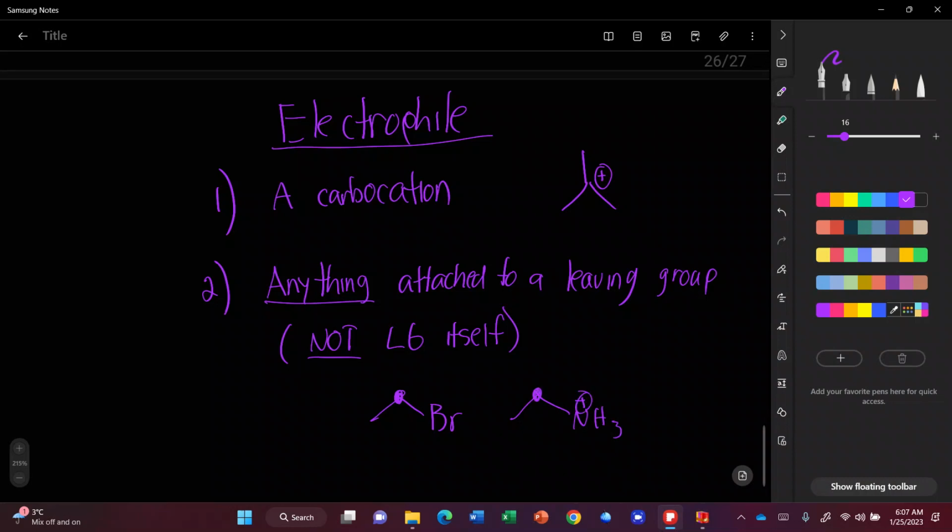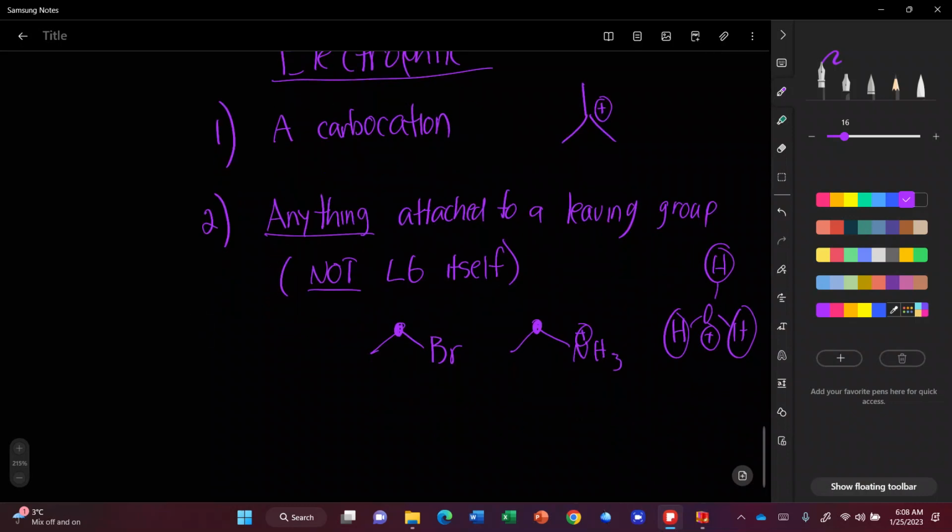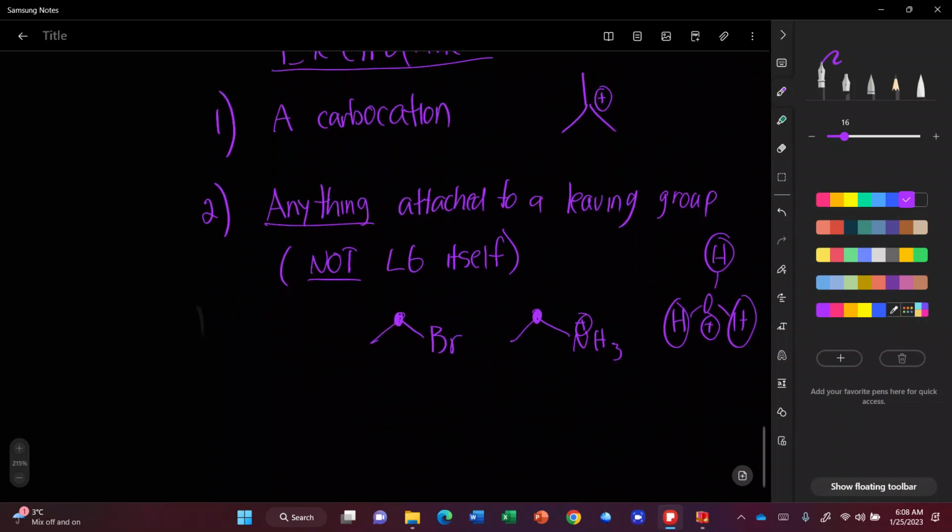This carbon right here is electrophilic, because they are the carbons connected to the leaving group. If I have a molecule of H3O plus, all of these hydrogens are electrophilic because they're connected to the formally positive oxygen, they're connected to the leaving group.